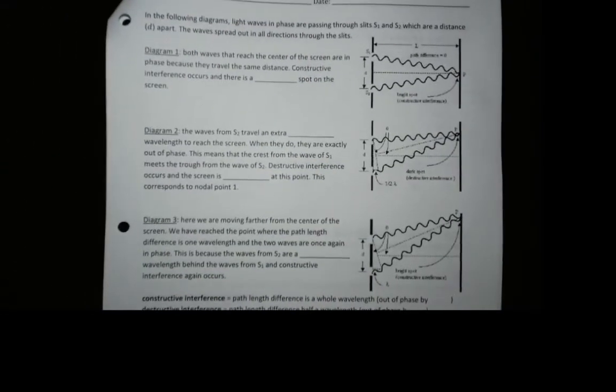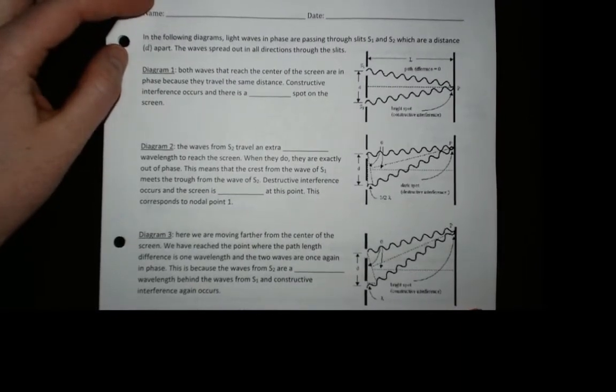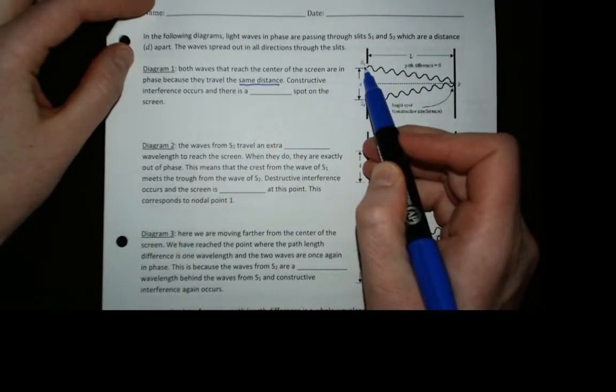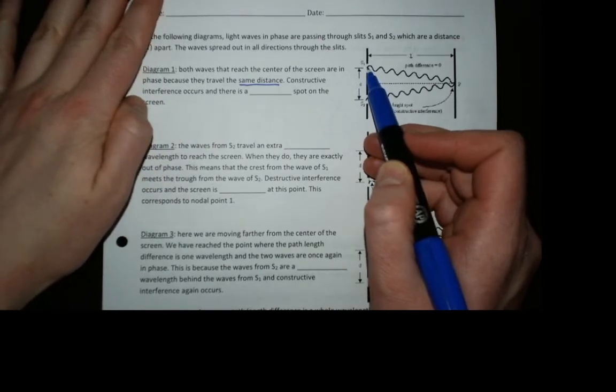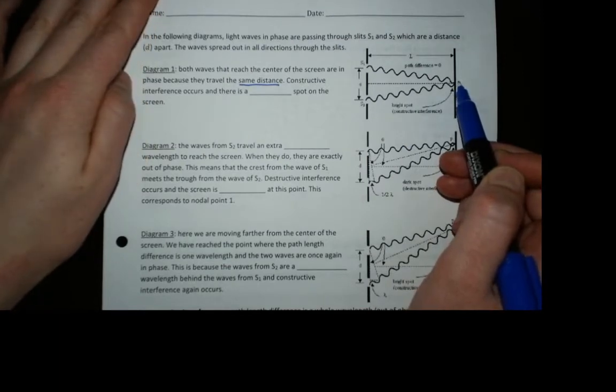So let's look a little bit closer at the math. If we look at these diagrams, they show the light passing through two of the sources. In diagram 1, both waves reach the center of the screen. They're in phase. They're traveling the same distance. Remember, it's really coming from the same light bulb. The distance from source 1 to the screen and source 2 to the screen is the same, so the waves are completely in phase.